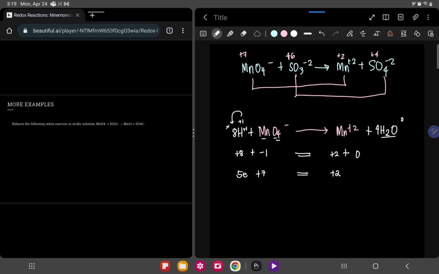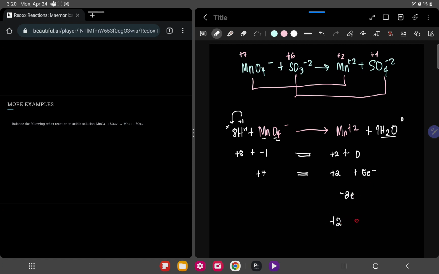Remember that if we add 5 electrons here, say for example you were checking if you can add 5 electrons on the other side, you'll see that you'll arrive at negative 3 as the charge on the right side. Why?